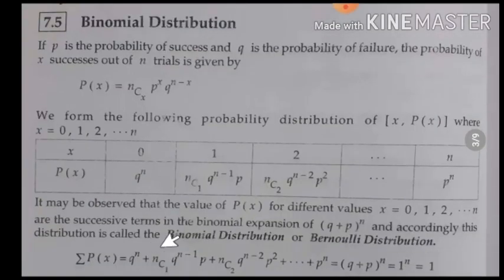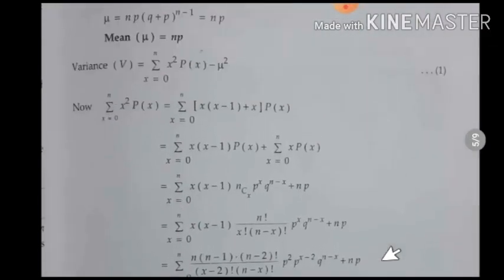Observe that q plus p whole to the power of n is nothing but the binomial expansion of the power n. So here what we obtained is nothing but the binomial expansion of p and q to the power of n minus 1.